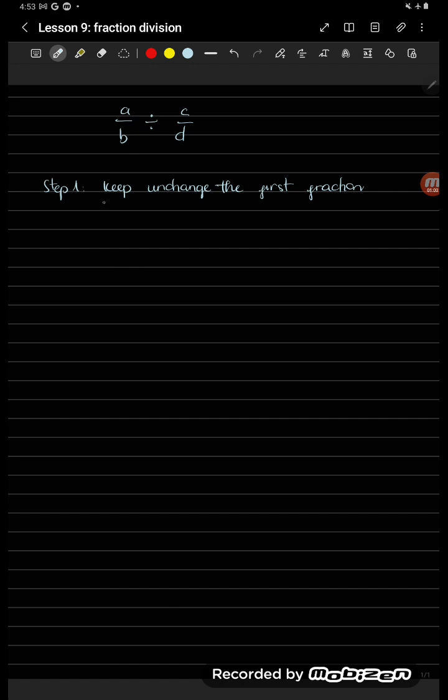And then we flip the second, flip the top, the numerator, flip the numerator and the denominator of the second fraction.